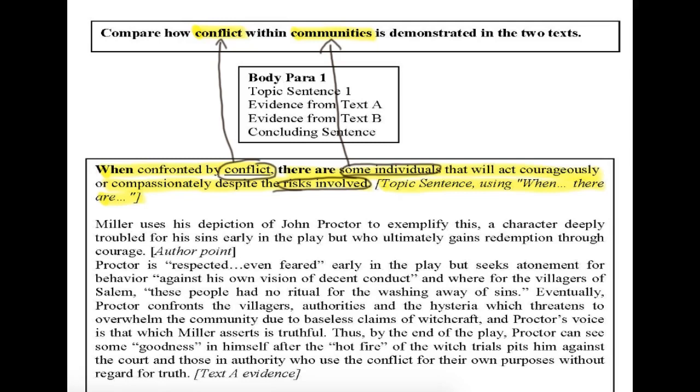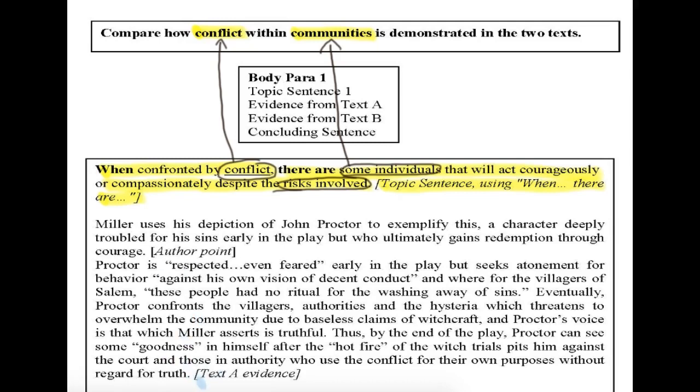Eventually, Proctor confronts the villagers' authorities in the hysteria which threatens to overwhelm the community due to baseless claims of witchcraft, and Proctor's voice is that which Miller asserts is truthful. Thus, by the end of the play, Proctor can see some goodness in himself after the hot fire of the witch trials pits him against the court and those in authority who use the conflict for their own purposes without regard for truth.